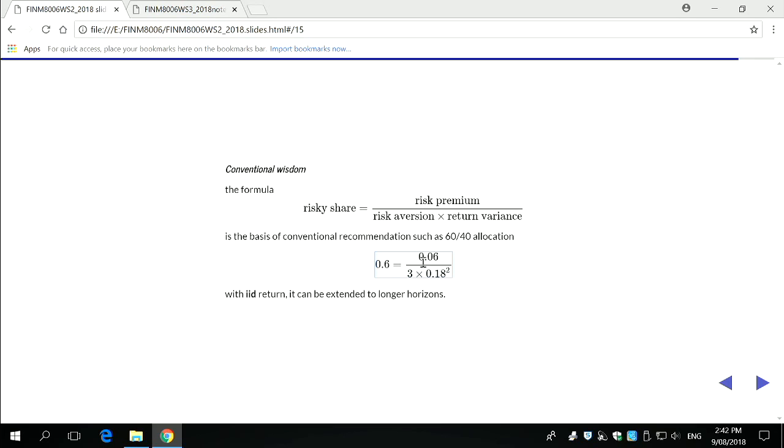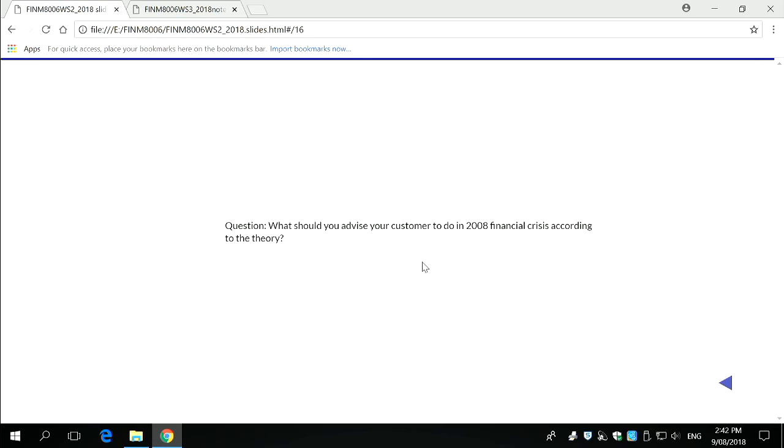Okay? For example, you know CAPM, but you should know sometimes CAPM doesn't work. Okay? All right, so I think that was tutorial 2.